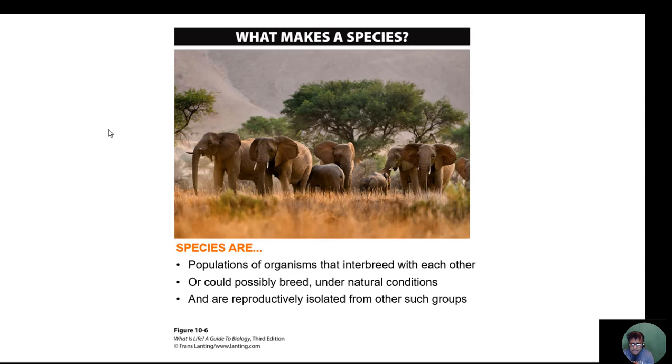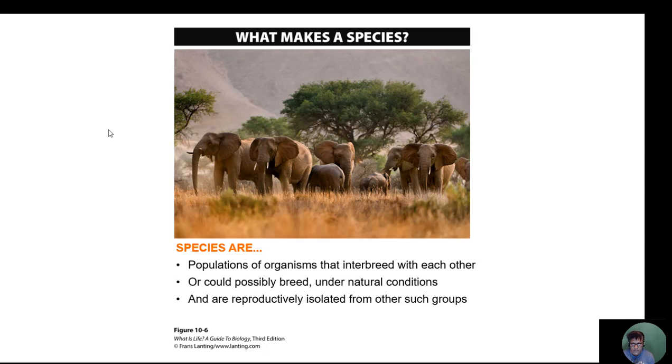So here is your definition of what is a species. Species are, number 1, populations of organisms that interbreed with each other or could possibly breed under natural conditions. Now, under natural conditions is a really super important disclaimer.